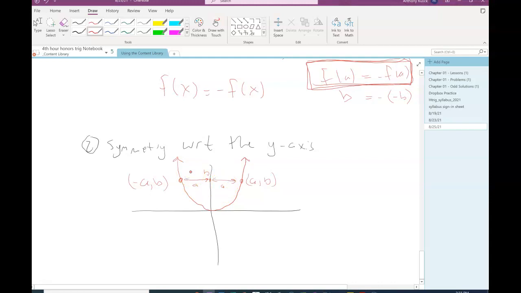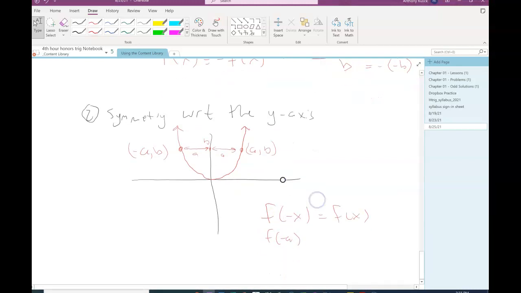So here we're saying that if you look at the horizontal distance between the y-axis and the function, you should be the same distance apart. And what this really means is that f of negative x is equal to f of x, right? f of negative a is b, and f of positive a is also b. But that's the piece that we want right there.